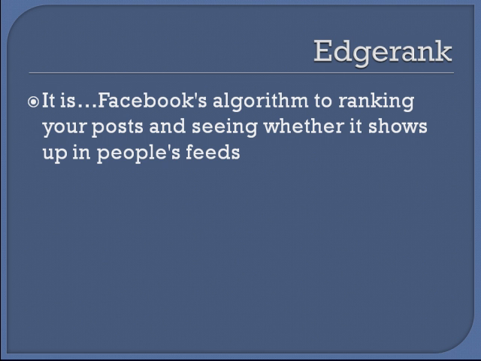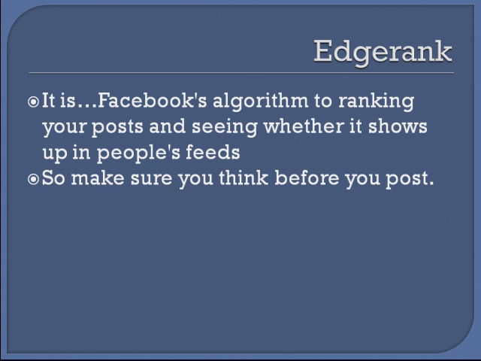Now, obviously, there are ways to game the system and spam the system so that you can get a lot of likes and comments. But I'm sure Facebook has a lot of things in their algorithm to detect that kind of stuff. So you want to make sure you do everything ethically and naturally.